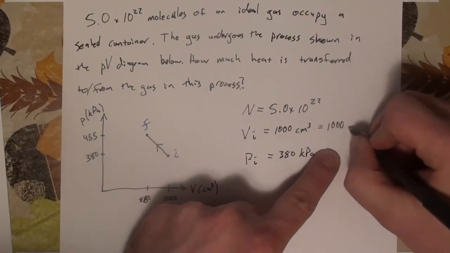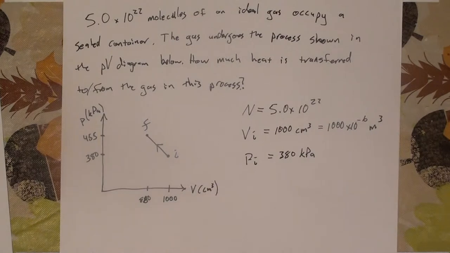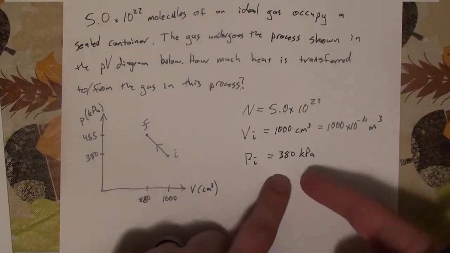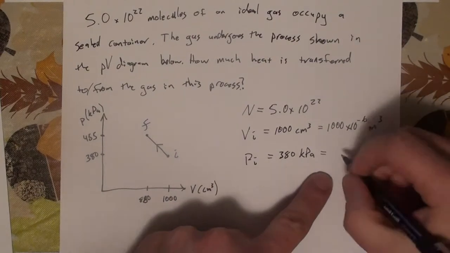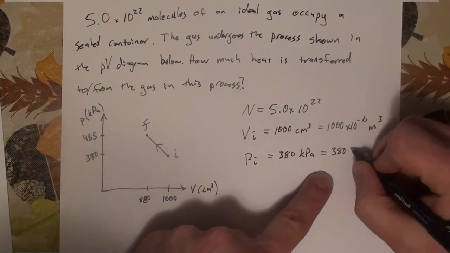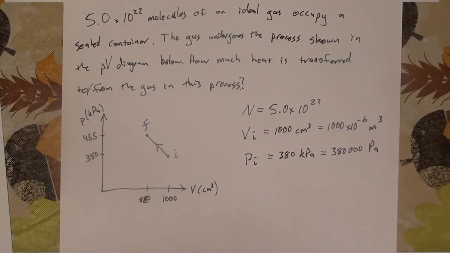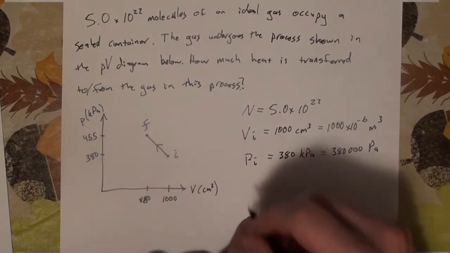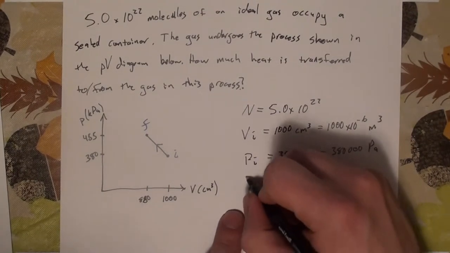I'm going to say 1,000 times 10 to the minus 6 cubic meters. And kilopascals to regular pascals is just a factor of 1,000. That one I'll go ahead and multiply by. Just add those zeros and we've got pascals. Okay, so V initial, P initial, we can do the same thing for V final.